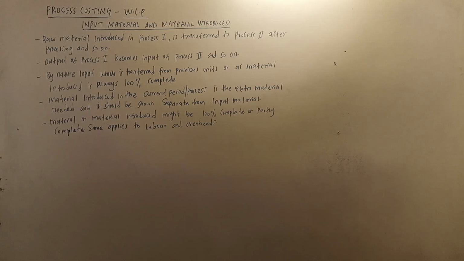Same applies to process 2. Any item that remains incomplete in process 2 will be transferred to process 3, and it will form the input of process 3. And that's why I said "and so on", meaning the process is repetitive in nature.